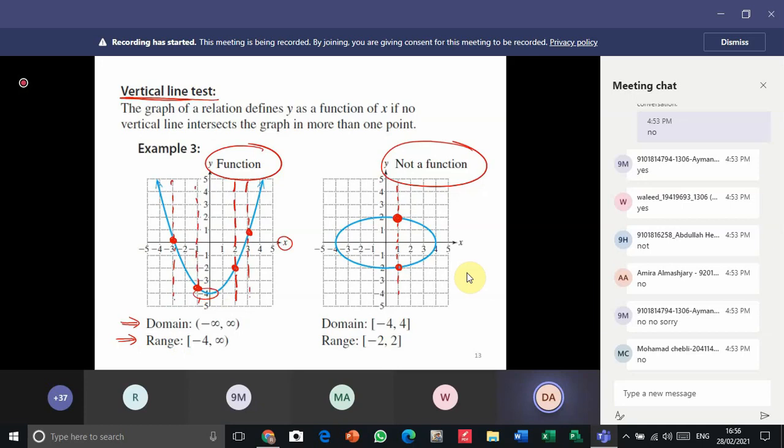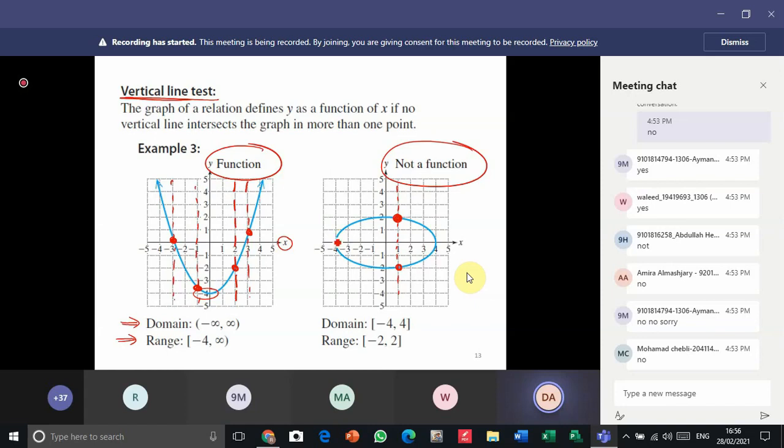Okay. Look at the ellipse on the right-hand side, or right graph. This is not a function, but we can find the domain for what? For the relation. This is an ellipse.